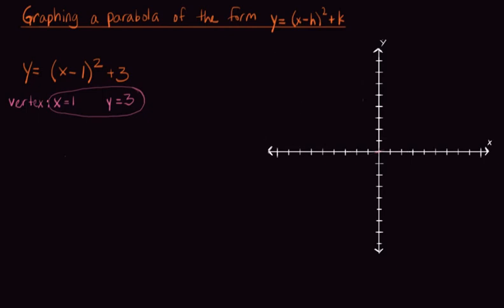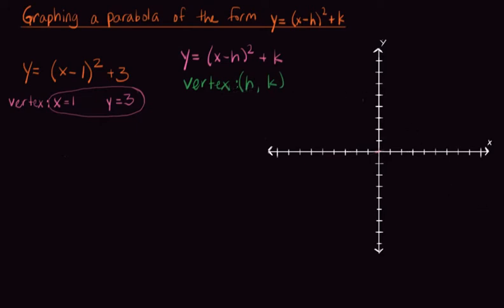And we actually have a sort of a general form. For a parabola, this is a little bit like having y equals mx plus b. But in this case, the general form is y equals (x minus h) squared plus k. And in this equation, the vertex is h comma k.